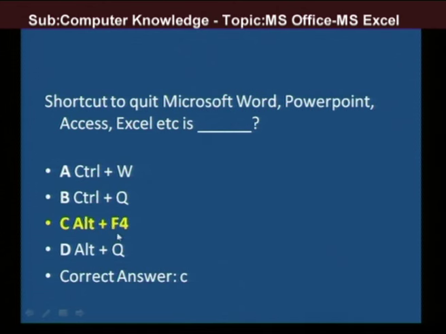These are very important concepts of MS Excel for competitive exams, and questions and answers I will also explain to you. Closing any program is Alt plus F4. The shortcut to quit Microsoft Word, PowerPoint, Access, Excel, etc. is Alt plus F4.